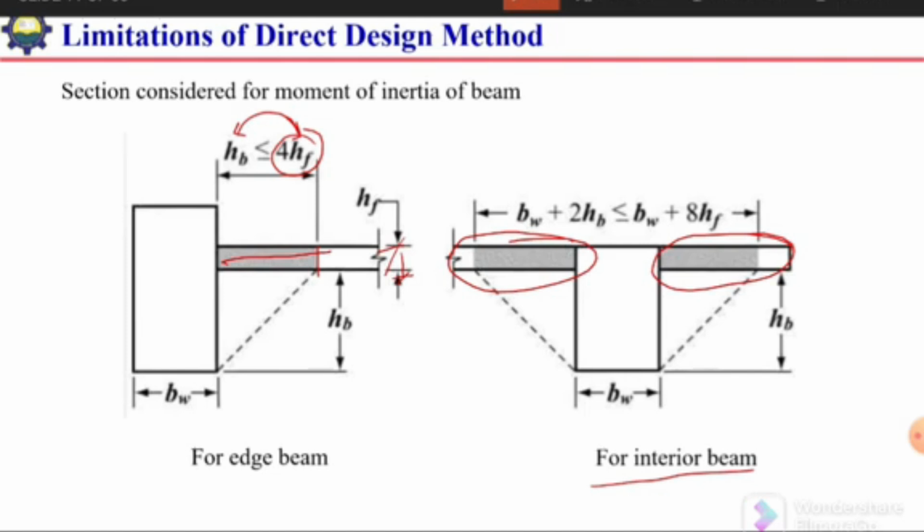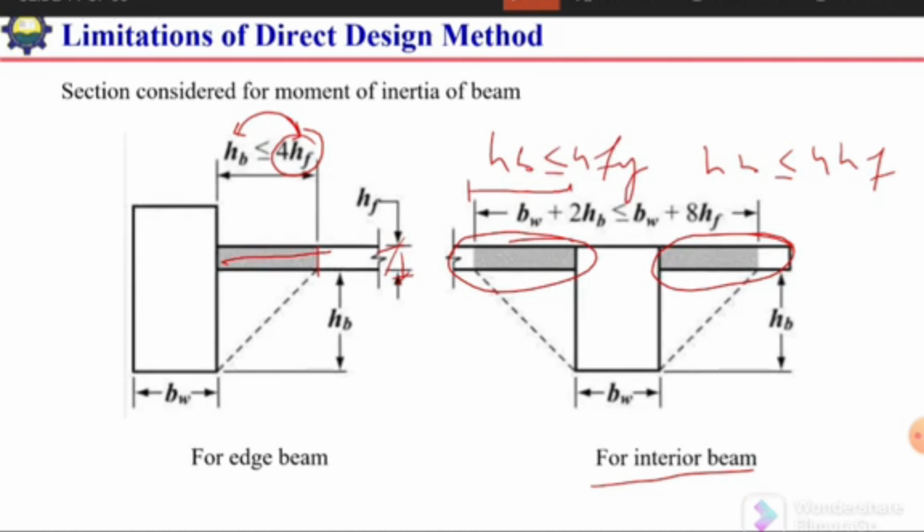So on both sides we will select HB less than or equal to 4 times HF.